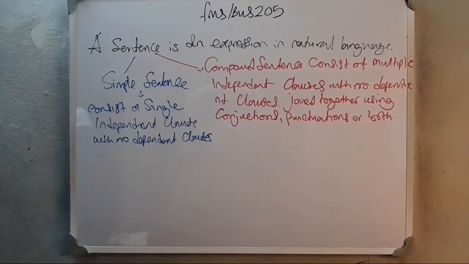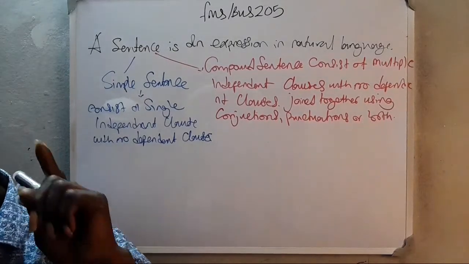So also we have the complex sentence. This complex sentence consists of one or more independent clauses with at least one dependent clause.